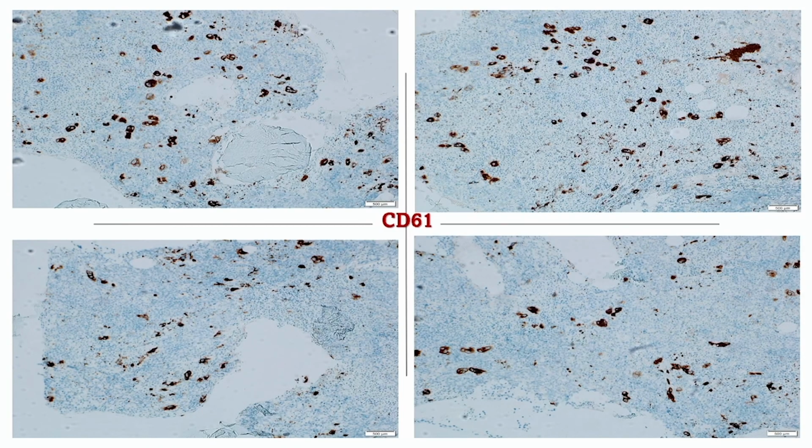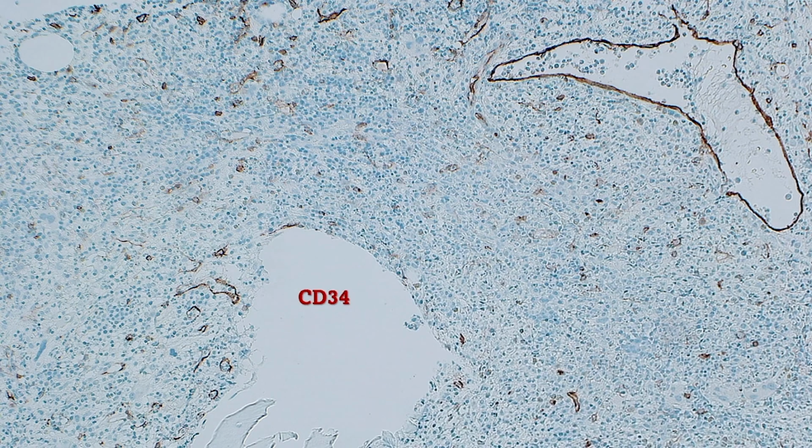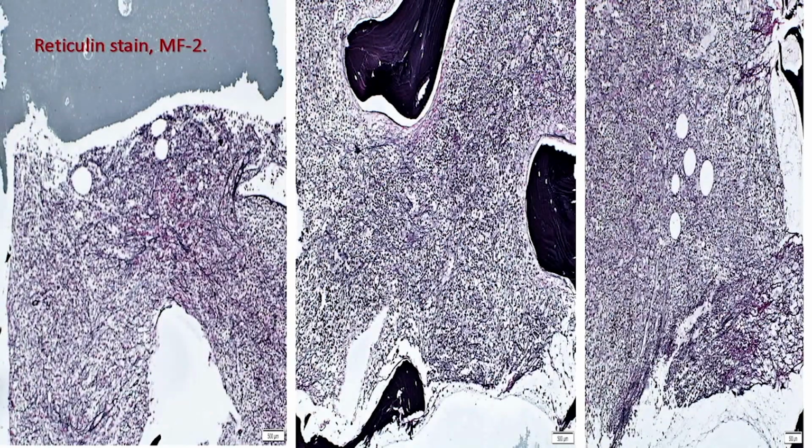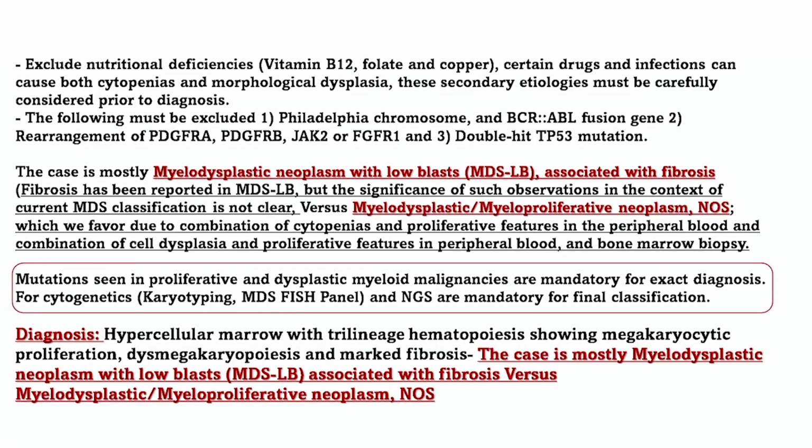So as you can see here, the CD61, the CD34 is not increased, and also there is an increase in the myelofibrosis. So in these cases, definitely we have to exclude the nutritional profile and any other causes, including Philadelphia, PDGFR, and whatever.